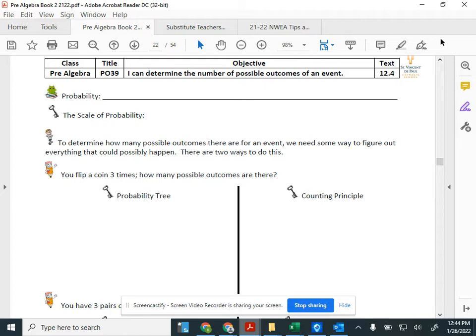So probability is the likelihood of an event happening.